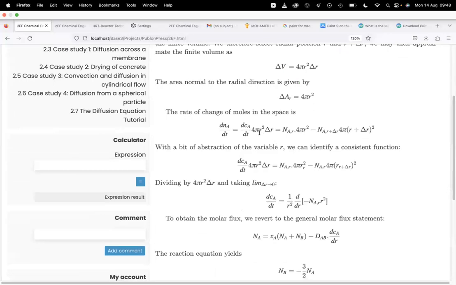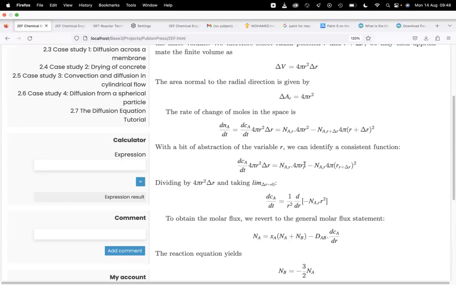And then, of course, first what we do is abstract this variable R. So we rewrite this R as R at position R, and we rewrite this R plus delta R as also R, but at R plus delta R. So you can say the radial position at R plus delta R. It's a bit of a strange way to say it, but this is all just R, right?